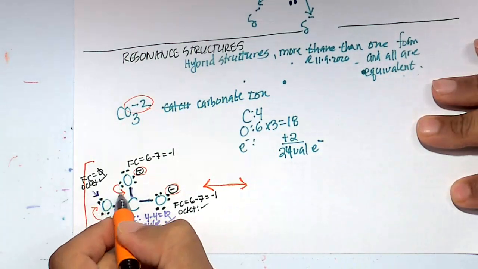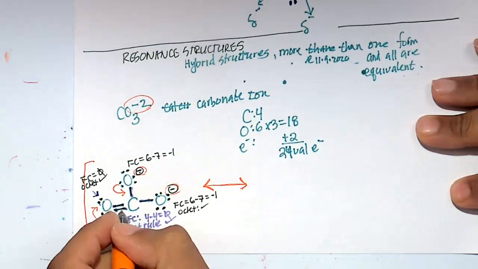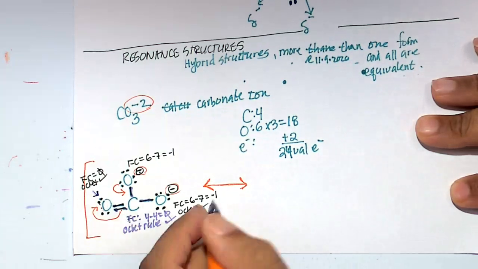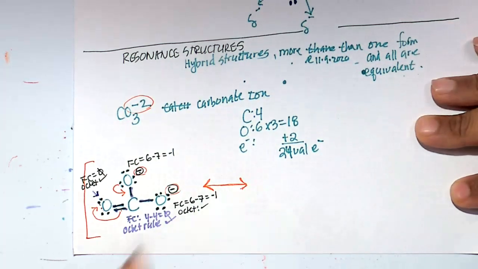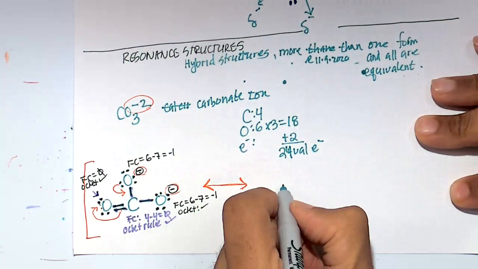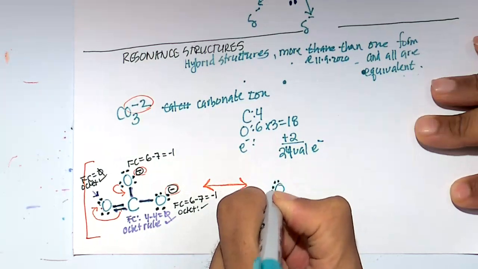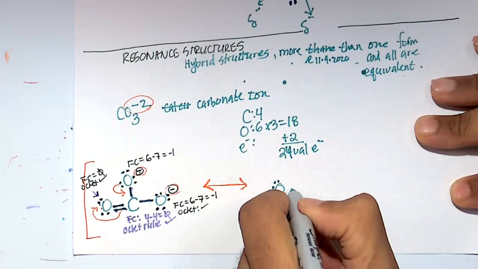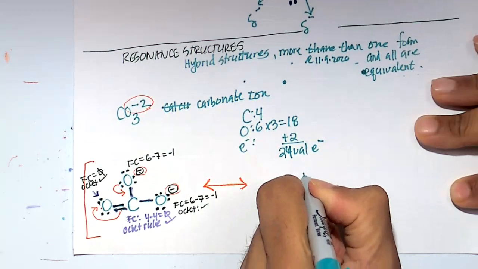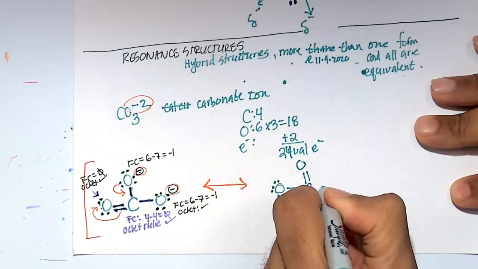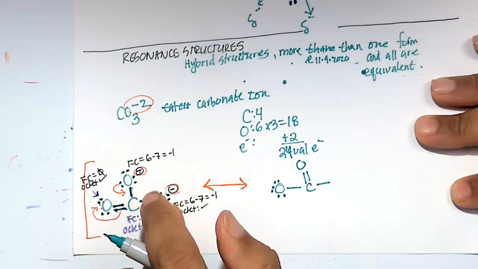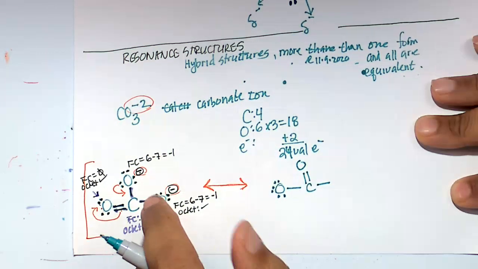So I move this pair of electrons here, kick that pair of electrons to the oxygen, and now this is what I have. Here's my double bond with the carbon, and I left that oxygen alone on the right-hand side.